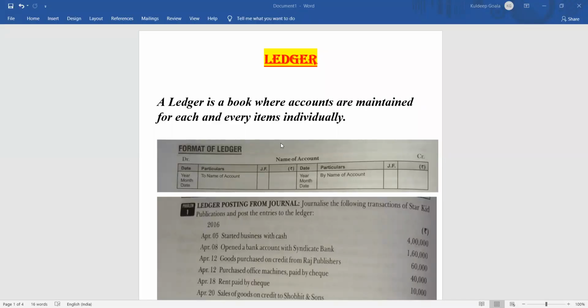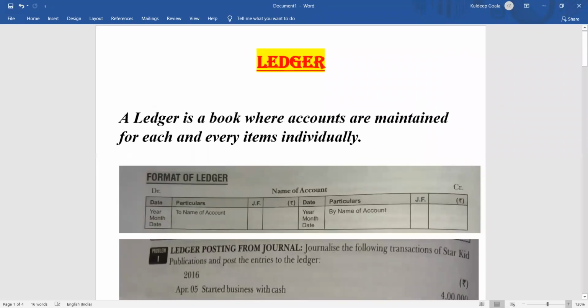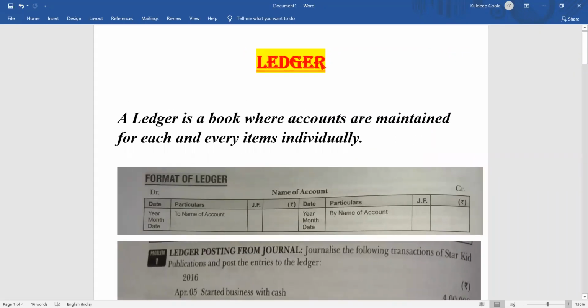But in case of ledger we don't do that. क्यों पता है? When you do journal, you have a complete record of all the transactions at a place, and this complete record also has a disadvantage. The disadvantage is that you will not be able to find out any specific information. कोई specific information अगर चाहिए तो नहीं मिलेगा.